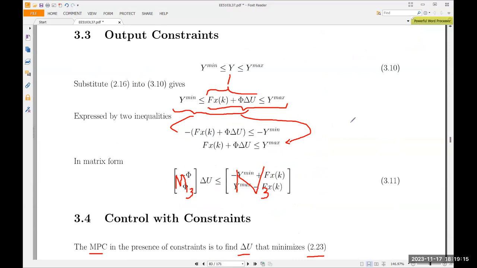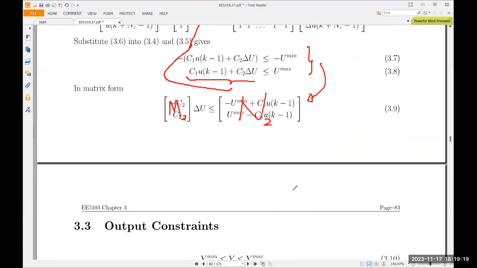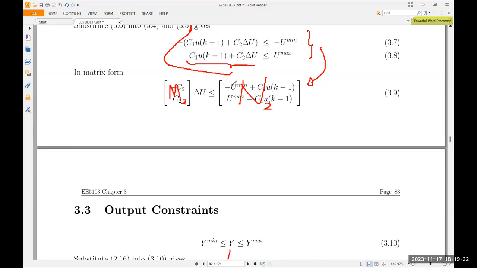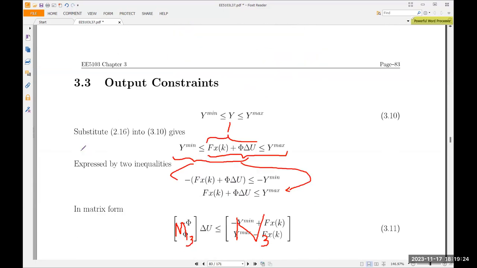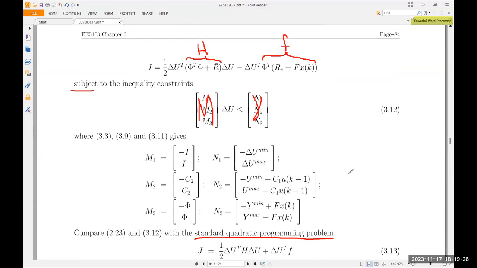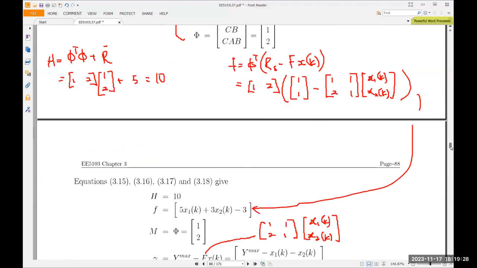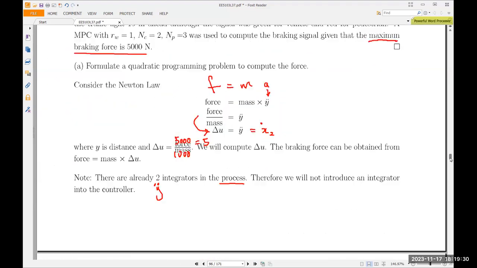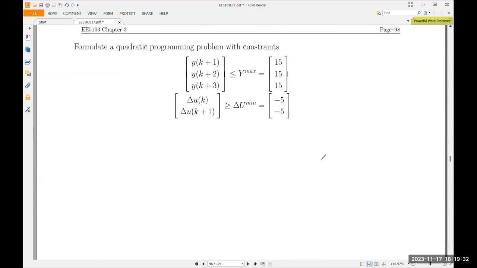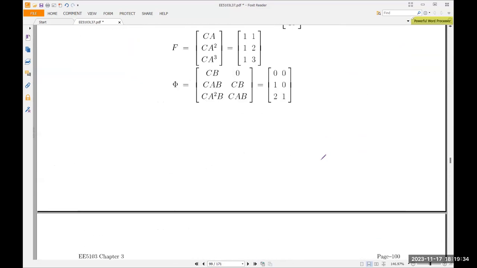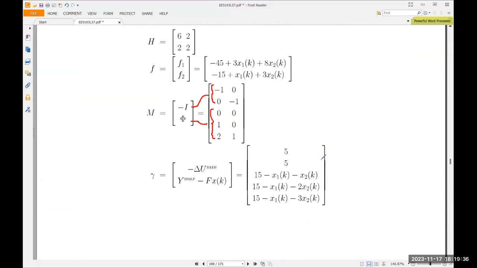x. Okay, so you go and use this line and the U min line, this line, to form your M and your gamma. So you go back and look. Obviously, this comes from here.